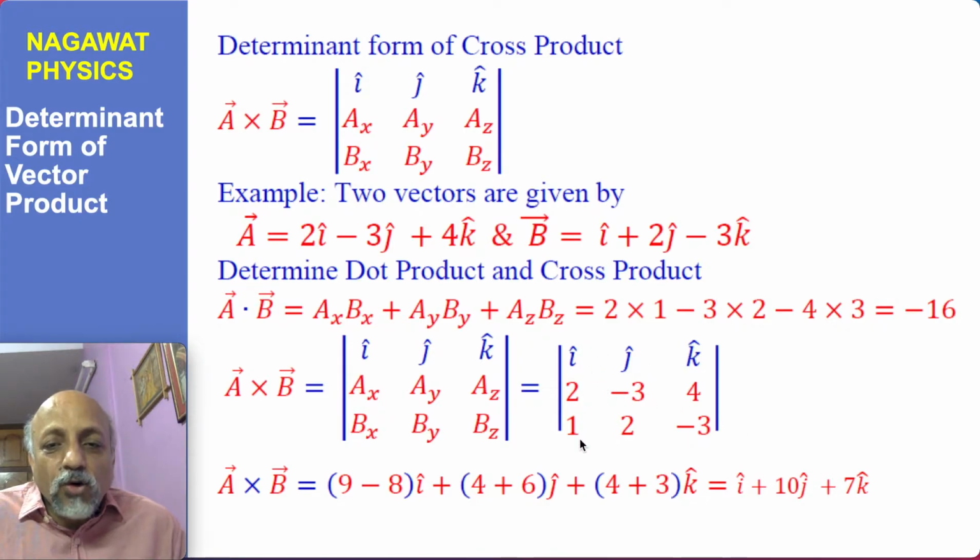And then if you know how to calculate the determinant, it can be done using cofactors. So the cofactor of i would give you i times minus 3, so 9 minus 8, i. The cofactor for j is 4 into 1, 4, and minus of minus 3 into 2, so 4 plus 6, j, and for the k, 2 into 2, 4, and minus of minus 3 into 1, so 4 plus 3, k. So we could evaluate it here. It's a very easy calculation, but you have to do a few questions so that you remember how to do it, and you do it correctly.